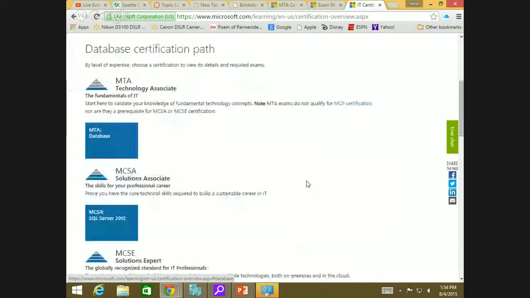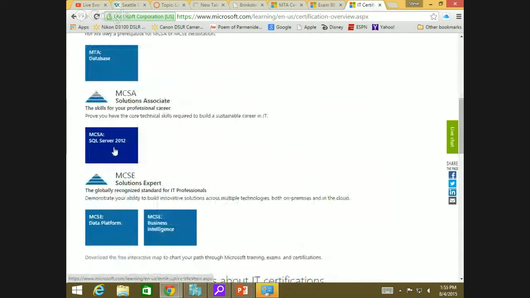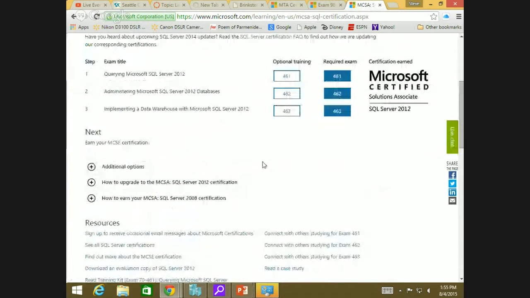SQL Server. All right, so the MCSA, as I said, has three exams actually. 461, 462, and 463. And again, the querying, the administering, and the implementing.